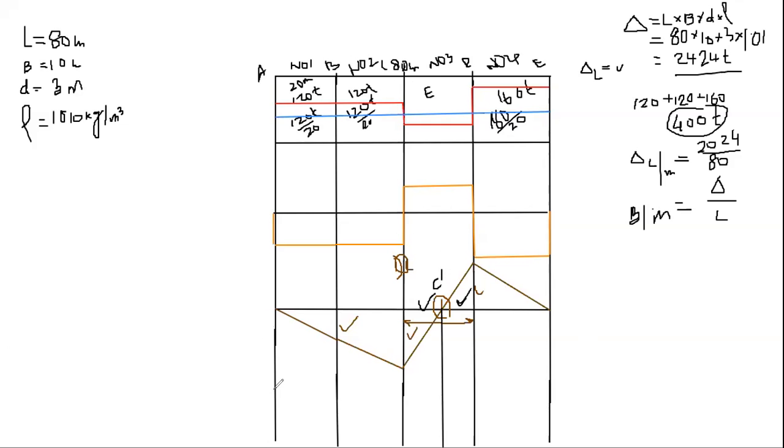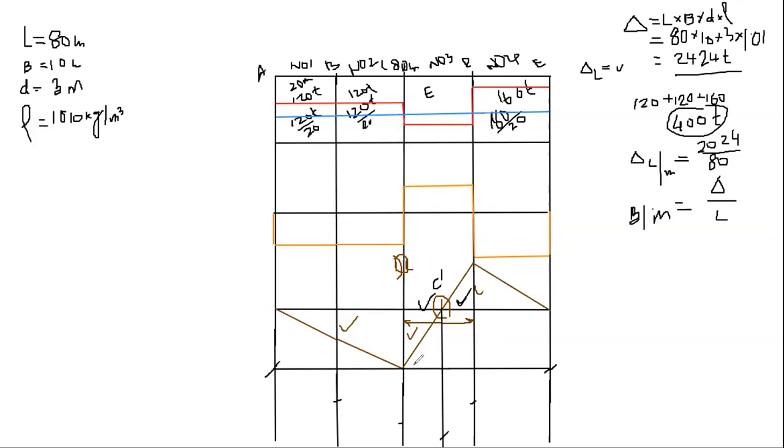So here it will be 0. If you draw the baseline here, this will be 0. This you will be getting a value. This will be getting a value. This one you will be getting another value. Then this one you will be getting a value, and this will be 0.